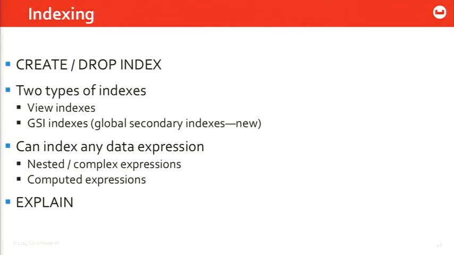In terms of indexing, you can create different types of indexes. So you can use the create index statement. You can either create a view, or you can create a global secondary index, which is new in 4.0. And then this can be a pretty complex index as well. So you can have a JavaScript function that represents a view, or you can have an expression in your global secondary index to represent which attribute you want to index out of that JSON.